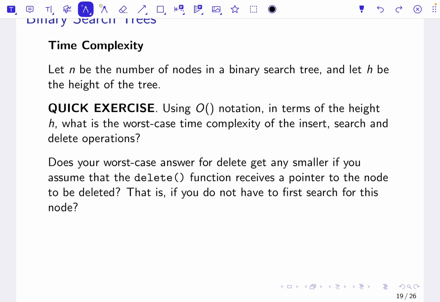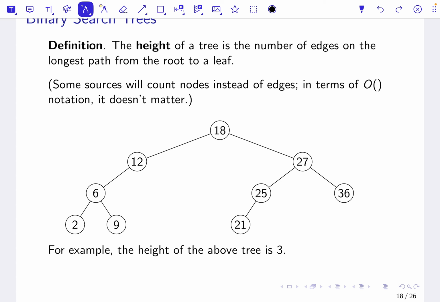And the slide had a little extra condition. Maybe we could make the delete method faster if we assume that the delete method receives a pointer to the node to be deleted. So you don't have to search for it. Like, if I have to delete 25, my delete method just has a parameter node to be deleted, and I don't have to search for it.